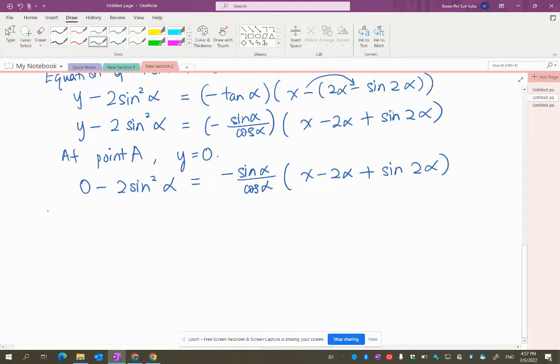So we'll multiply throughout by cosine alpha. So let's expand this.